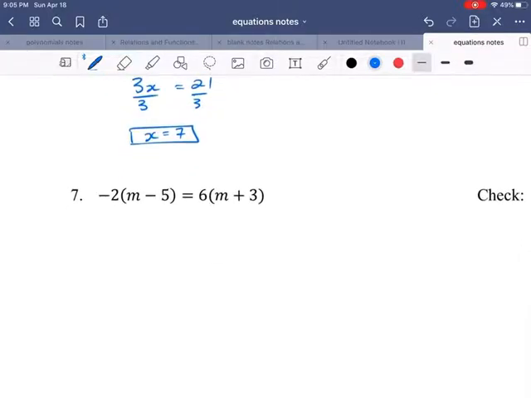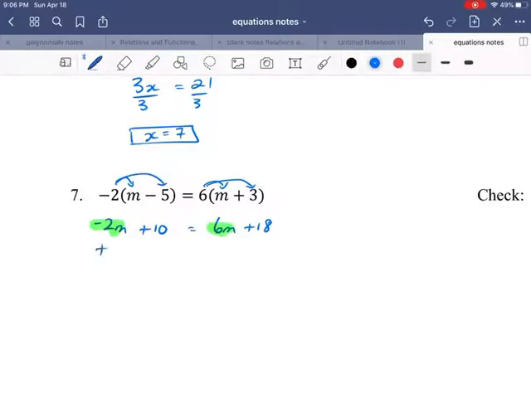Here we have brackets on both sides, so we need to use the distributive property, which I think is lesson 4 of this unit. So if we expand here, negative 2 times m is negative 2m. Negative 2 times negative 5 is positive 10. And that's going to equal 6m plus 18. Now negative 2m is less than 6m.